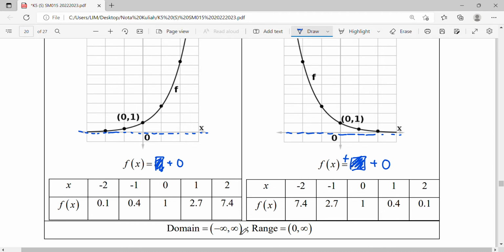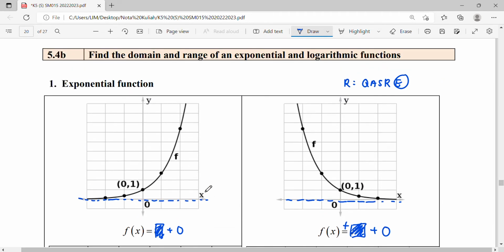About the graph, an exponential will have 4 types of graph. You will have the asymptote, whether it shoots up to the right or it shoots up to the left. So make sure you draw the asymptote, where our graph will go near to it, and you can see it is parallel to our asymptote.